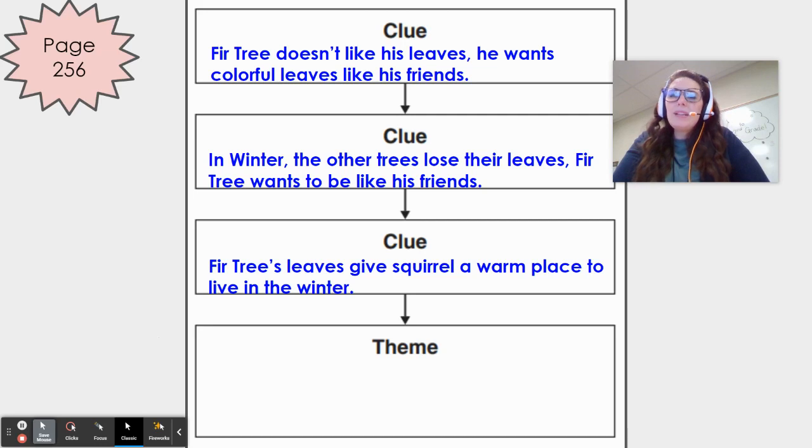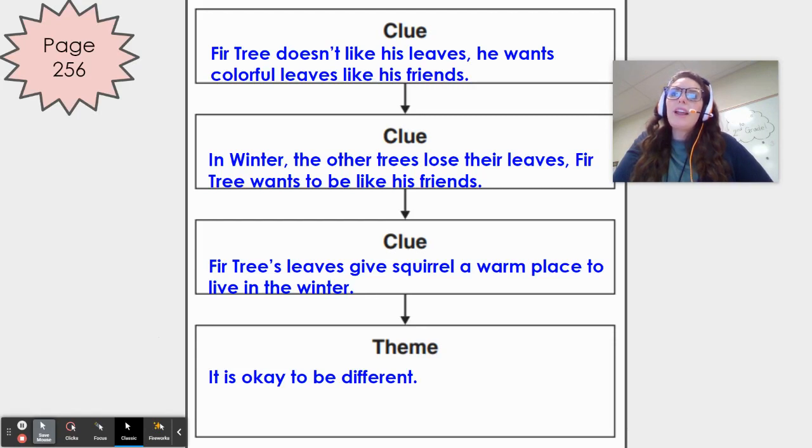Is it okay to be different? We all have different purposes, and the fir tree's purpose is to provide shelter for animals in the winter. He is different than the other trees, but it is okay to be different. So that is the theme of our story. It is okay to be different.